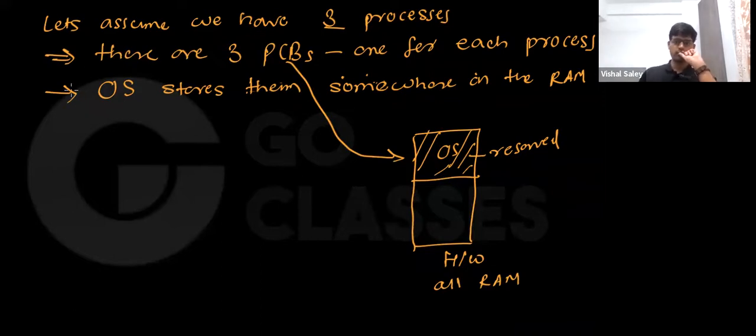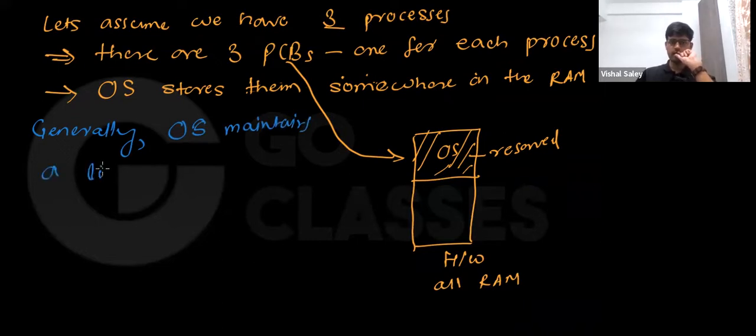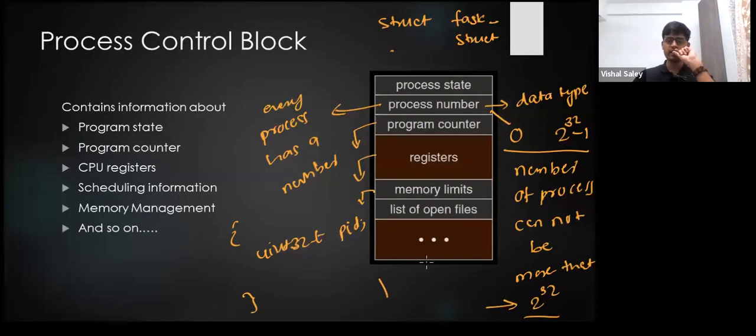Okay. So now, generally, the operating system maintains a linked list of PCBs. So we have 3 PCBs. It will be something like this. PCB1, let's call it PCB1. It will have this entire thing, and there will be forward and backward pointers.